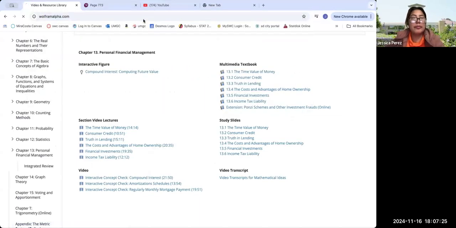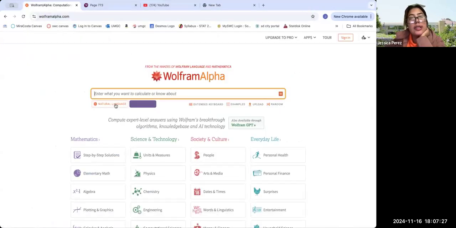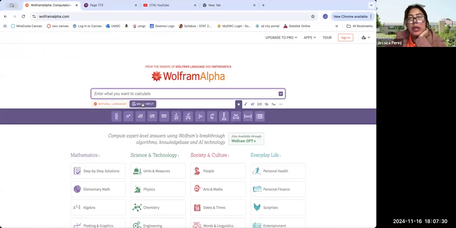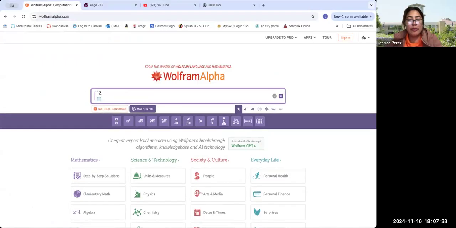So let me go here. And then there's two ways. There's the natural language and the math input. You want to go where it says math input. So you're going to put in 12, then parentheses, fraction. And then because it's 12 times, here I get 0.10, and down here I have a 12. And then this value times 100. And then I have a big division.